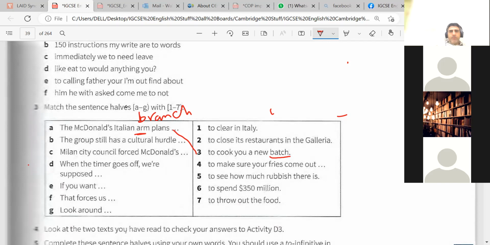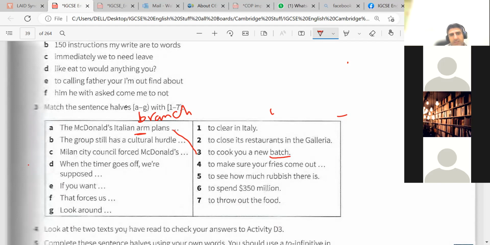Different batch, like, for example, burger. The same burger, but maybe in a new shape, maybe in a new taste, right? So the McDonald's Italian arm plans to cook you a new batch. Yes, why not? طيب, be a jury.